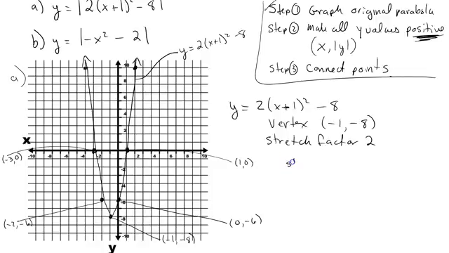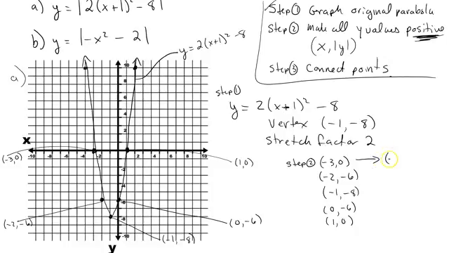So in preparation for step 2, I'm going to look at all those points: -3, 0, -2, -6, -1, -8, 0, -6, and 1, 0. What we're going to do now is make all the y values positive. So -3, 0 results in the same thing, -3, 0.